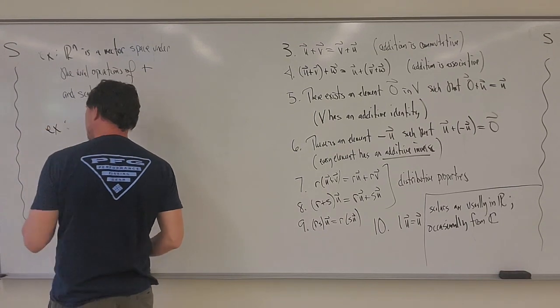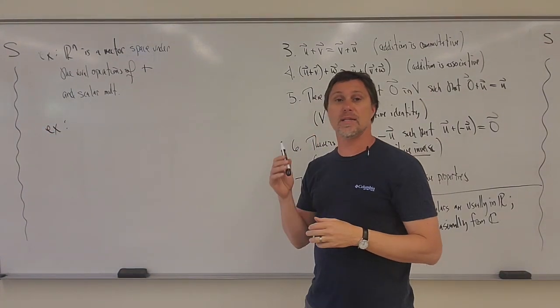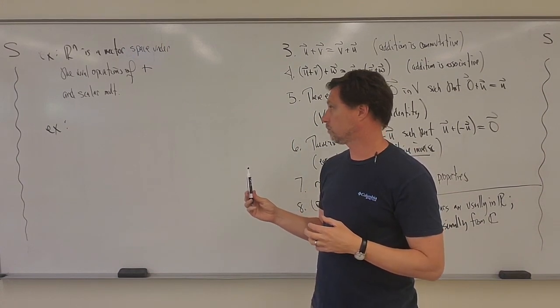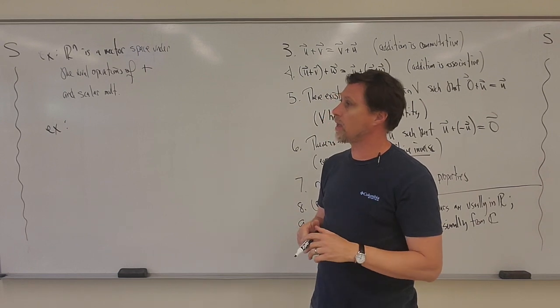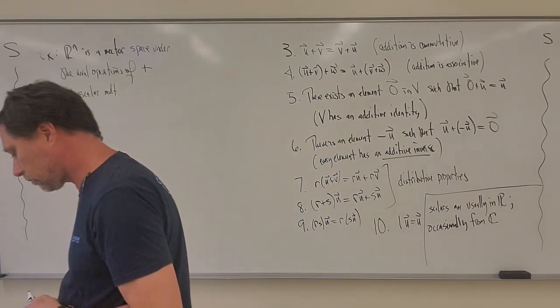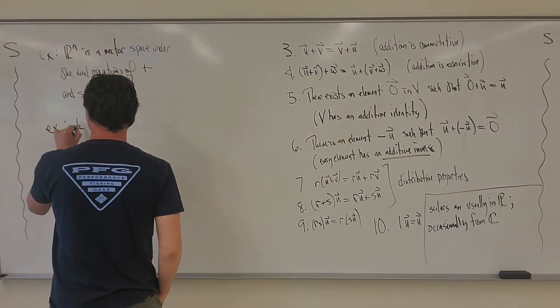And so the idea that I want to get through is that this notion of vector space is modeled on our knowledge of Rn. Right? Our understanding of Rn motivates this whole process. So here's the example, and I'm going to work this one out in full detail.